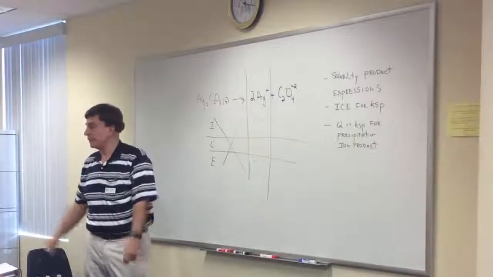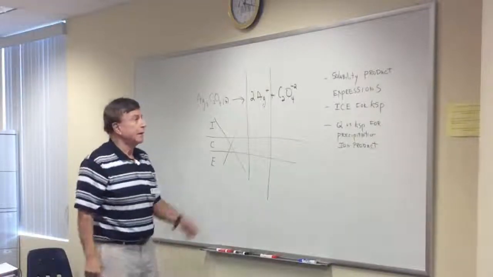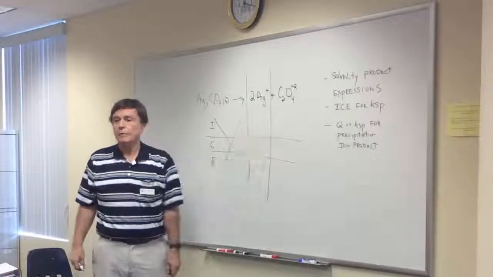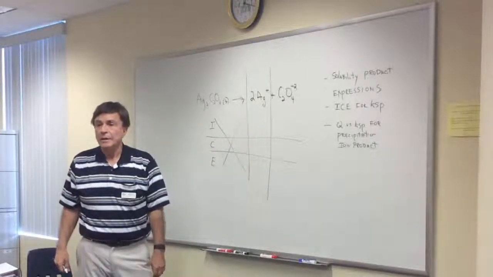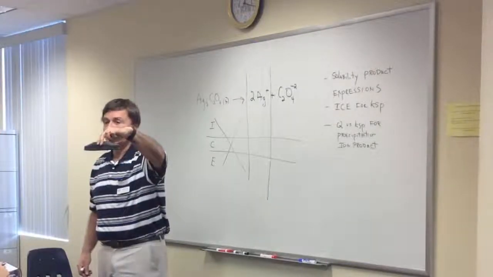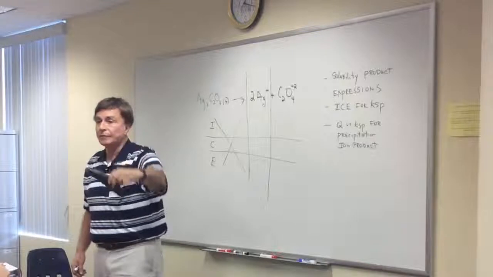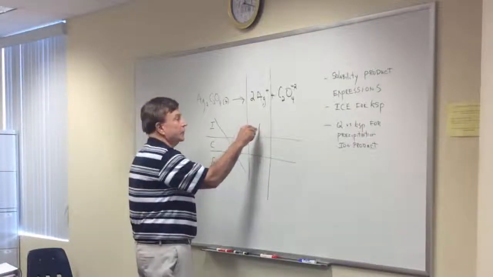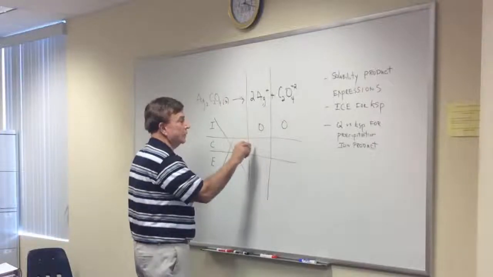Okay, same thing. At the beginning, what's this going to be? 0. Why? Because it's not there at the beginning. It hasn't broken up yet. We still have it. Here it is. We haven't done anything with it. As soon as we put it in water or something, it's going to break apart. So this is going to be 0.